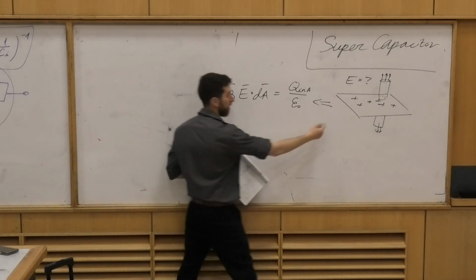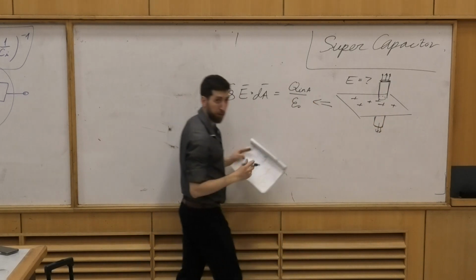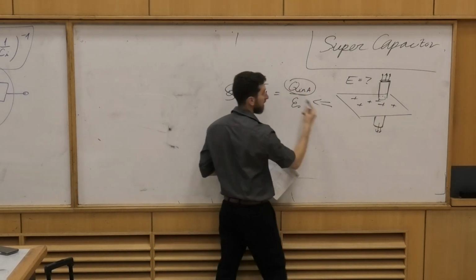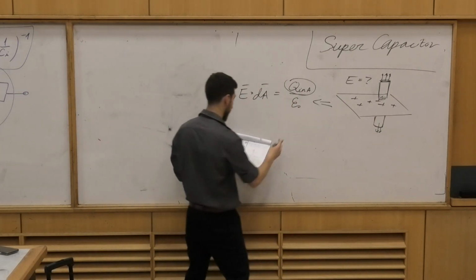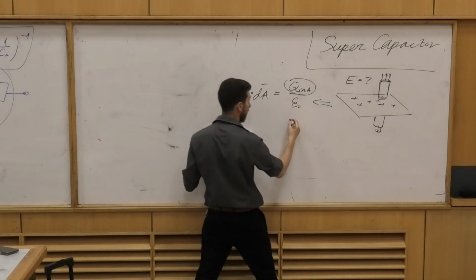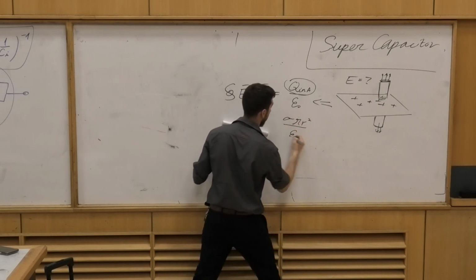So we're going to choose this surface, a random cylinder, for example. We know that the charge inside is only the one touching the plate, right? So if we know sigma, it's sigma pi r squared, right?